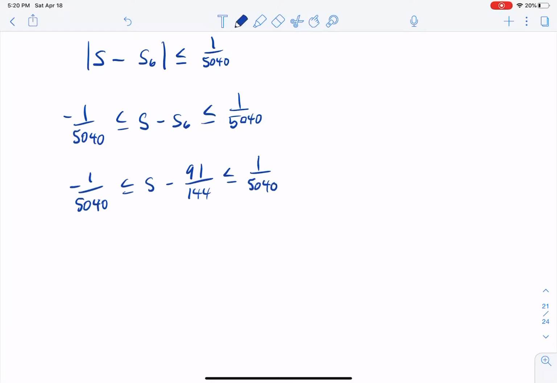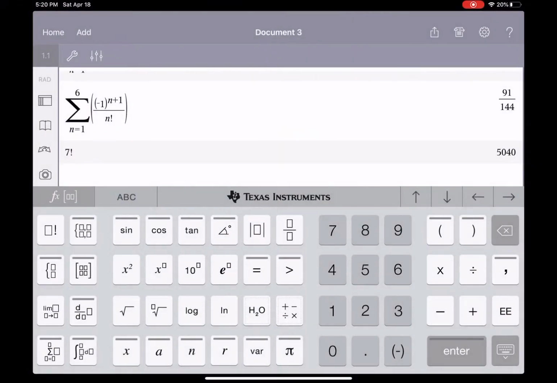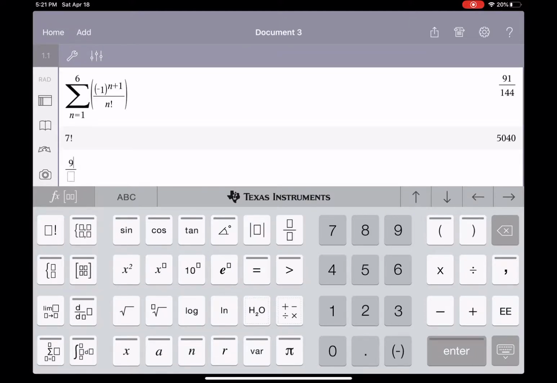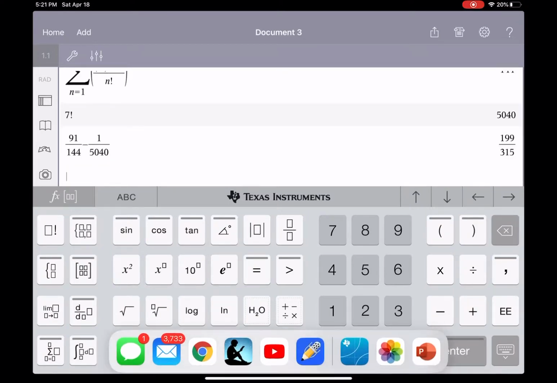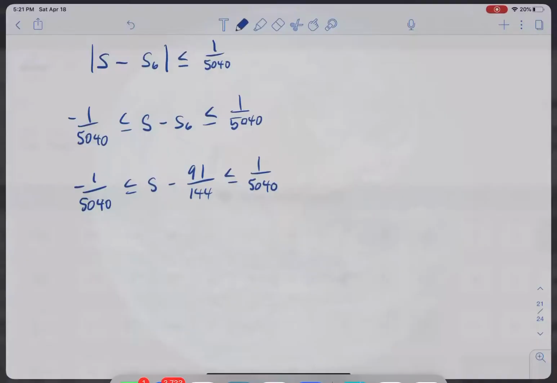I'll just add this 91 over 144 to both sides of this in the calculator, of course. So I have a fraction 91 over 144. And I'm going to first subtract it for the left-hand side. So minus 1 divided by 5040. And I get 199 over 315.